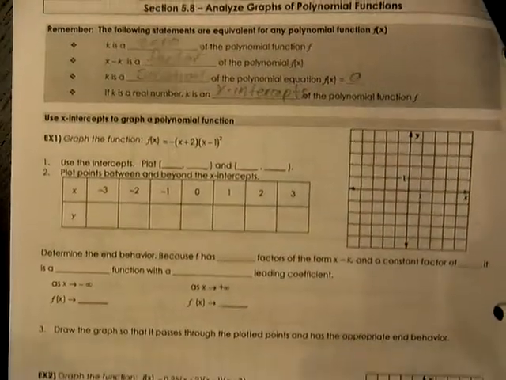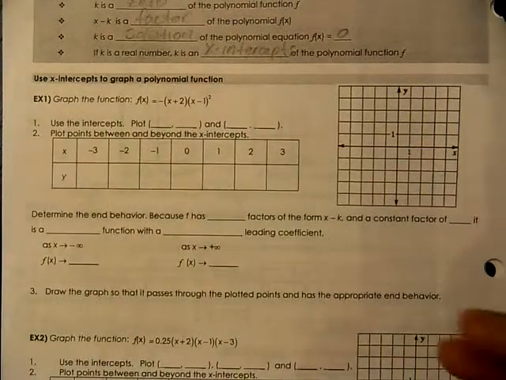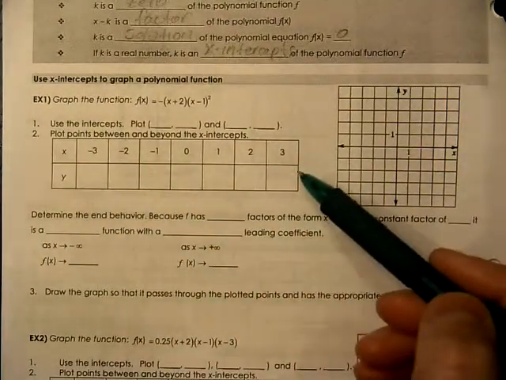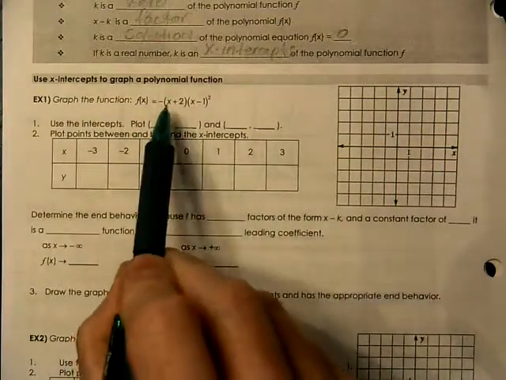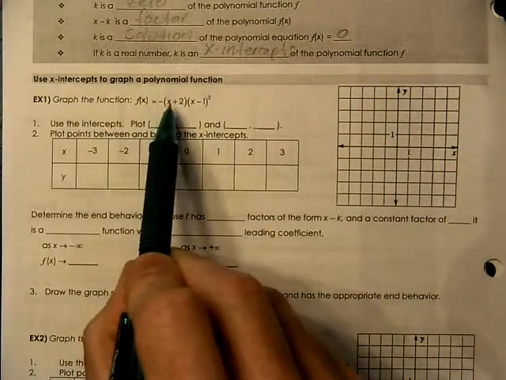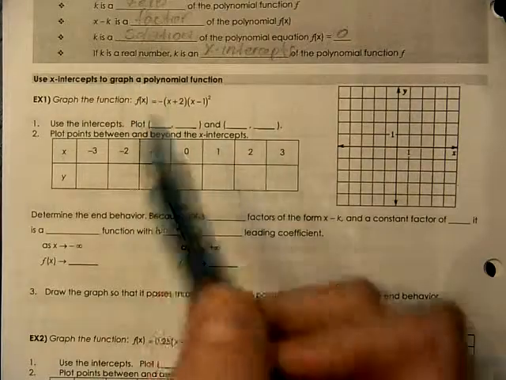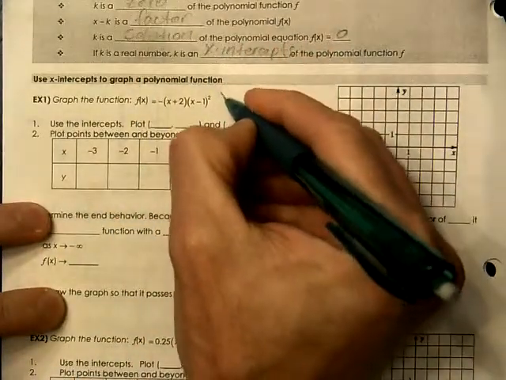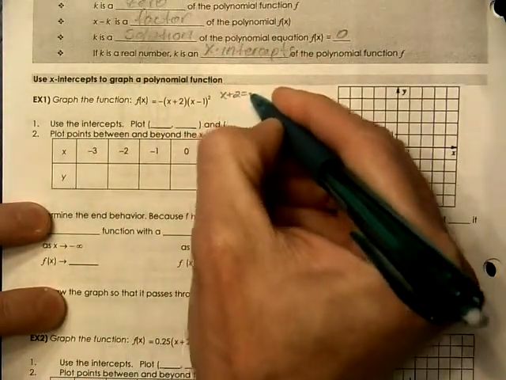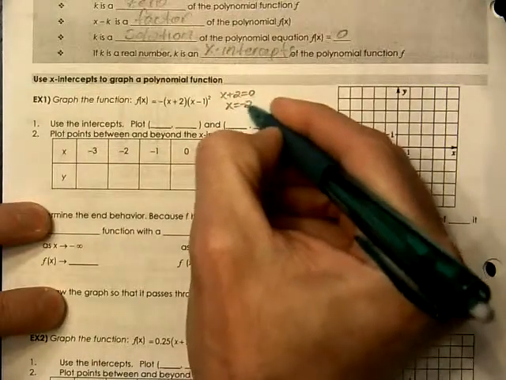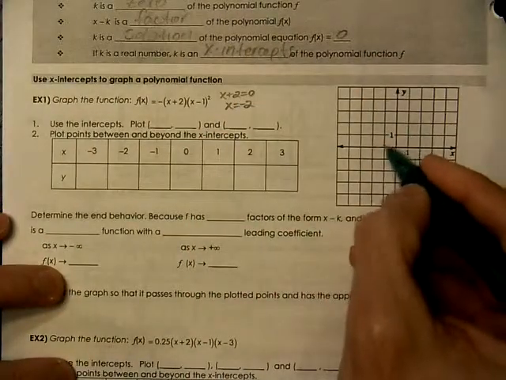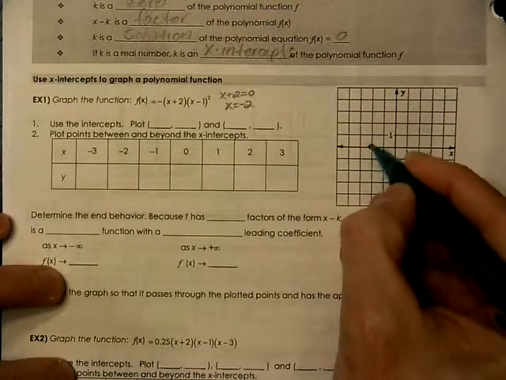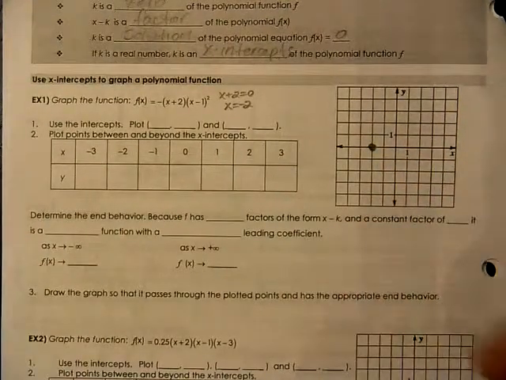Let's talk about how to graph these. I'm going to graph these without our table at all. What we're going to look at in intercept form is that we have x plus 2. So using the zero product property, we get x is negative 2. So on our graph, at x is negative 2, I know I'm going to have a 0.